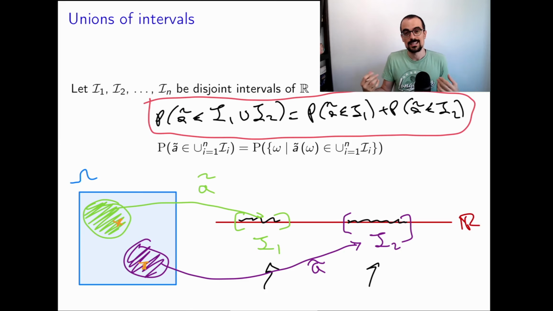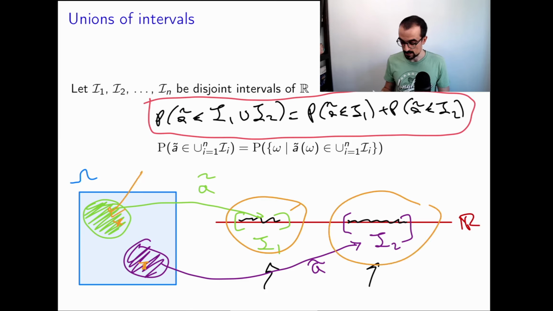So now, if these two events are disjoint, the probability that the random variable ends up here is just the probability of this one, and the probability that it ends up here is the probability of this one. So if I'm interested in the union of these two, it's also the union of these two pre-images, the events in the original sample space. And by the properties of probability measures, the probability of their union is just equal to the sum of their probabilities.